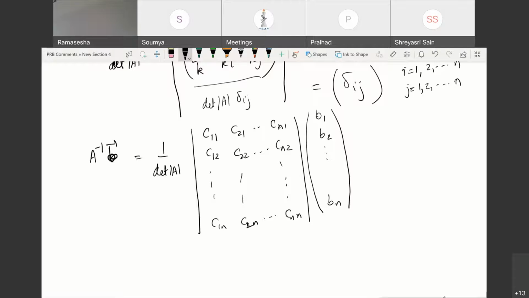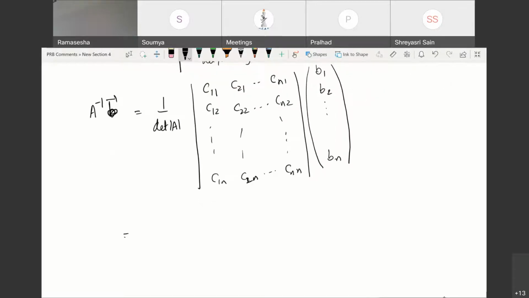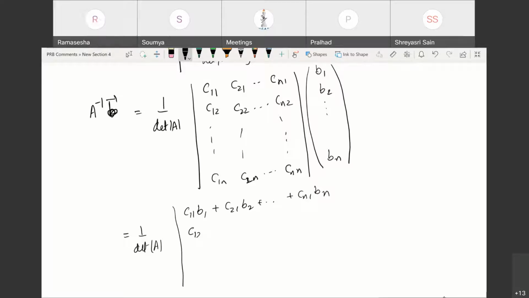So this is equal to what? 1 upon determinant A times C11 B1 plus C21 B2 plus etc. Cn1 Bn. Okay, and then the second row will be C12 B1 plus C22 B2 etc. Cn2 Bn, etc. C1n B1 plus C2n B2 plus Cnn Bn.